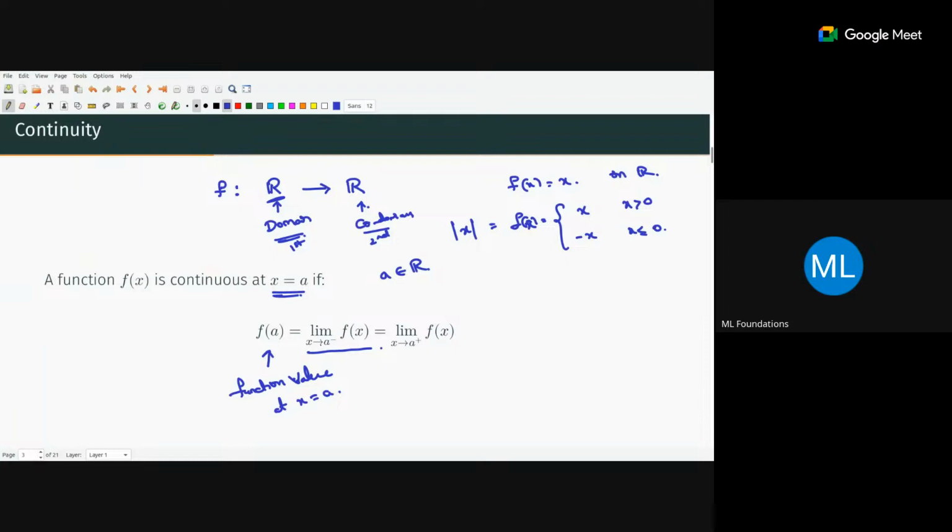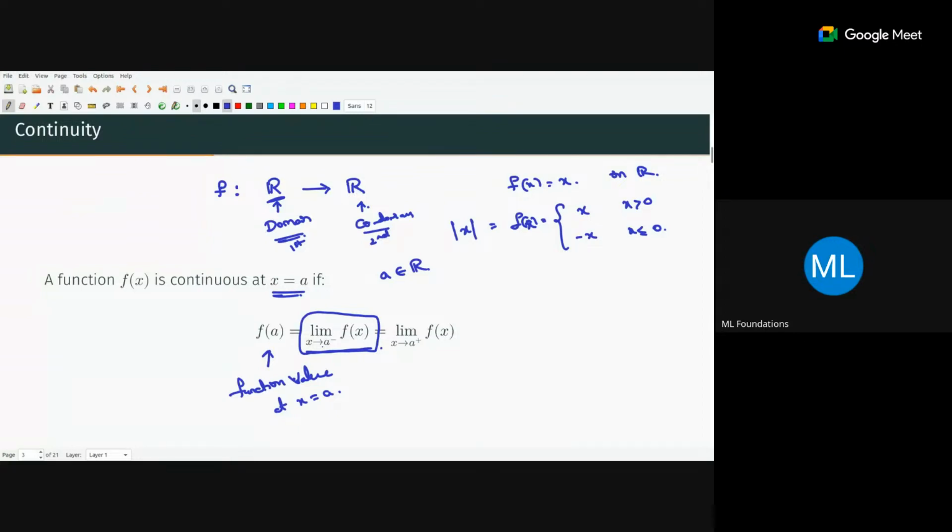There are lots of fancy notations here, and this means, in layman's words, what is the value of the function when I am approaching x equals a.